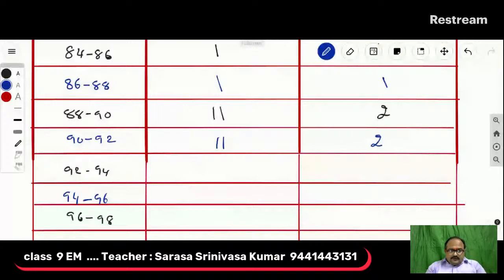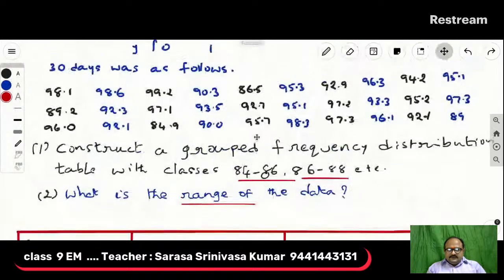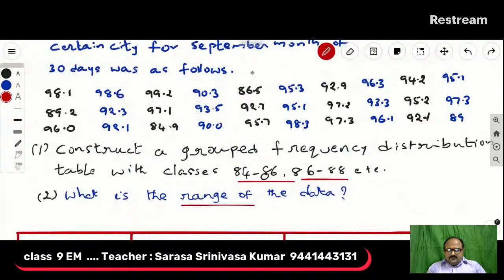Now we consider the next class interval, 92 to 94. Let us observe these values. We are considering the class interval 92 to 94. This is the class interval.